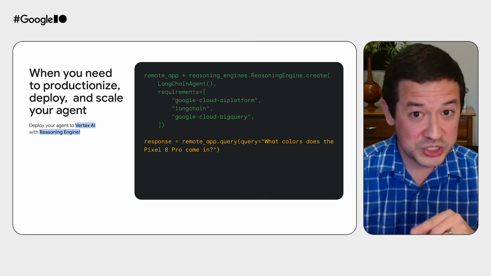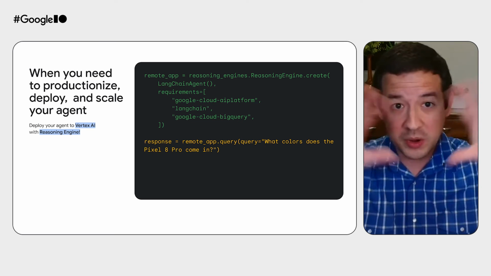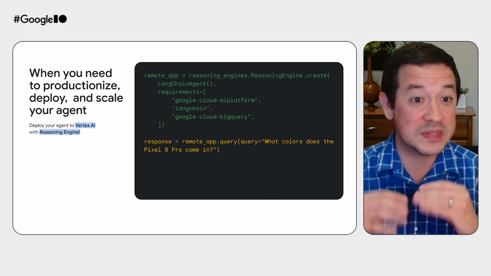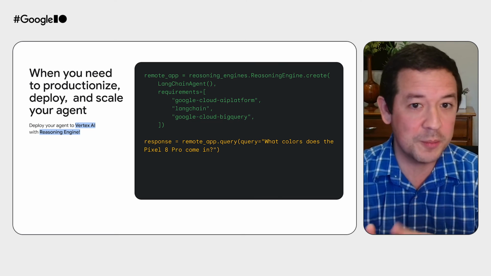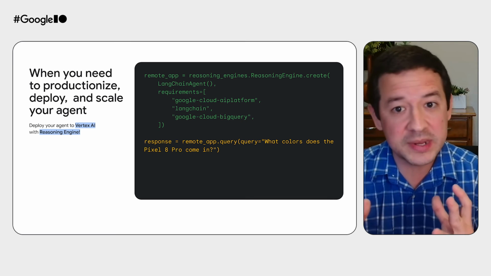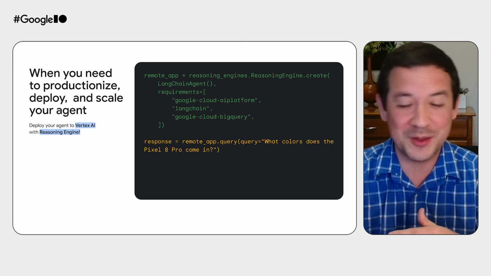When you need to productionize and scale your agent for business critical applications, you can deploy all of your agent tools and orchestration layer on Vertex AI with a single command using an additional component we call Reasoning Engine. So Reasoning Engine gives you the scalability, security, and reliability you need to handle even the most demanding workloads.